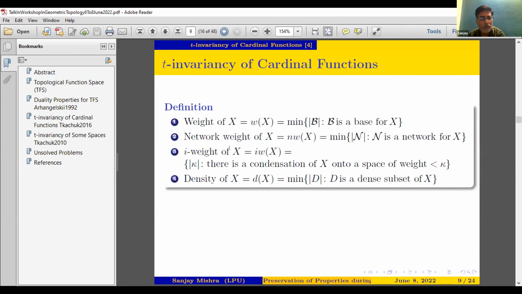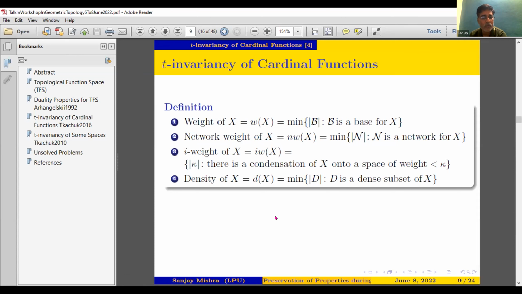Next, I would like to first introduce some cardinal functions, and then we will see how these cardinal functions are invariant. The weight of the space X, where we always consider Tychonoff spaces, means the minimum cardinality of a base of X. The network weight means the minimum cardinality of a network of X. Similarly, the i-weight of X, denoted iw(X), is the smallest cardinal kappa such that there is a condensation of X onto a space of weight at most kappa.